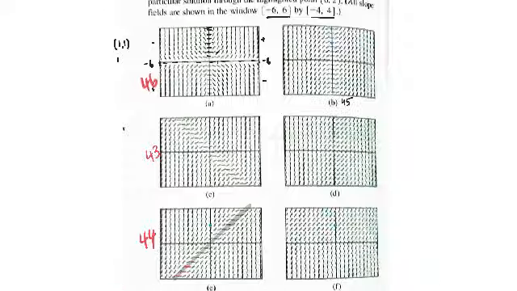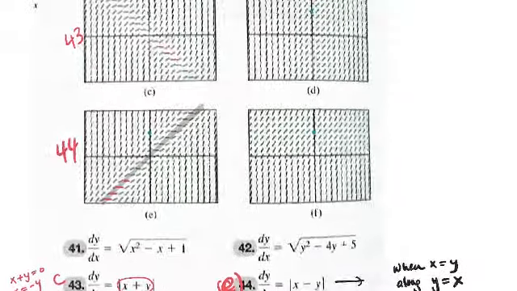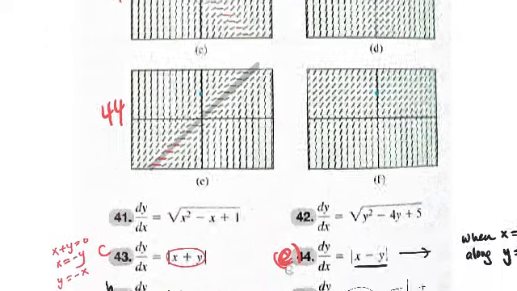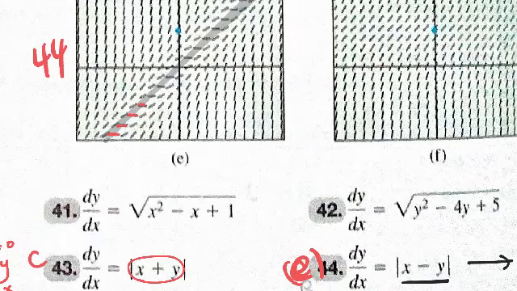So we're left now with D and F, and we're matching to these weird square root ones. Here, all the slopes should be positive for both of them, and they are. If I put in, for example, x equals 0 in 41, then for (0, 0) I should have a slope of 1.